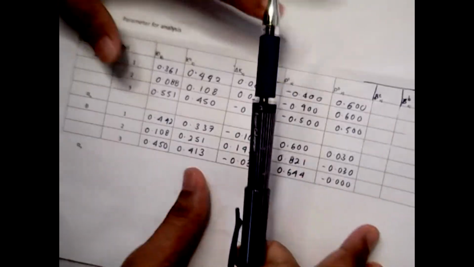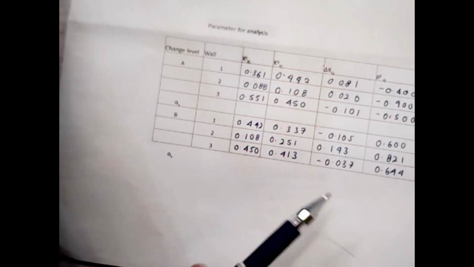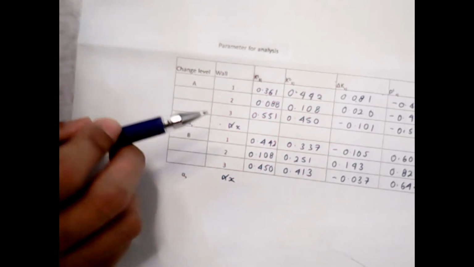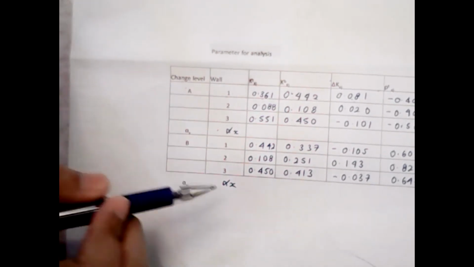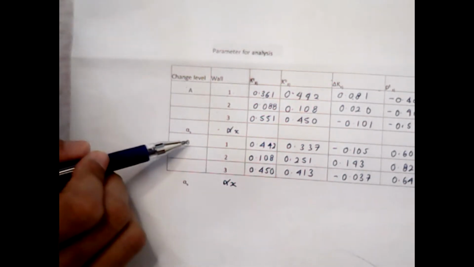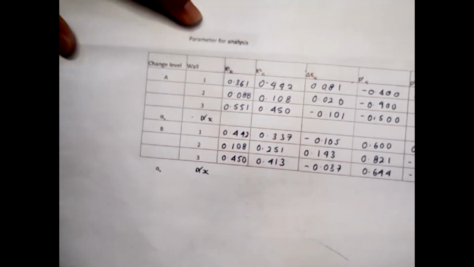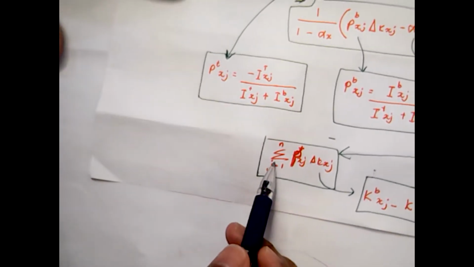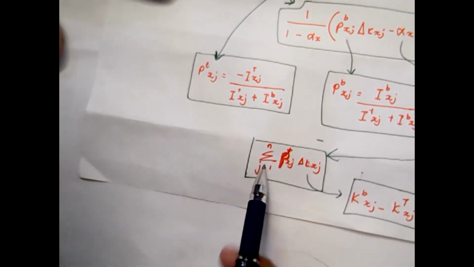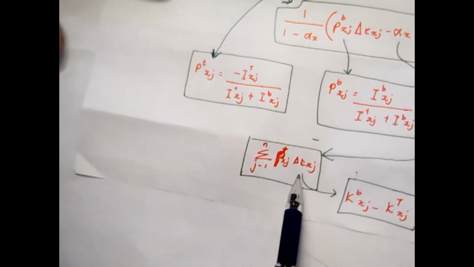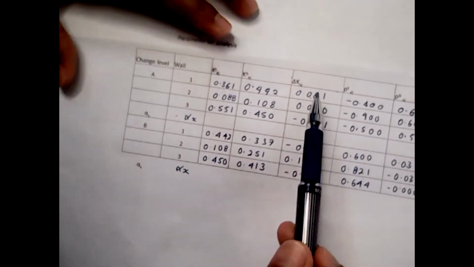The way to calculate it: first you need to find your alpha x. Usually you can write it down here, alpha x, and here is alpha x. This alpha x is for the change level at A, and this alpha x is for the change level at B. Alpha x, as said earlier, is the summation of the PTXJ times the difference of the distributions.